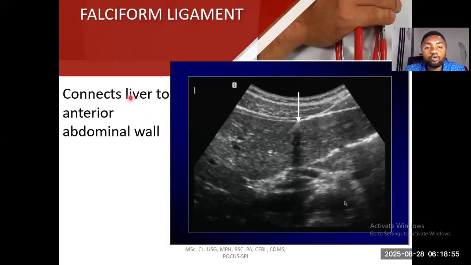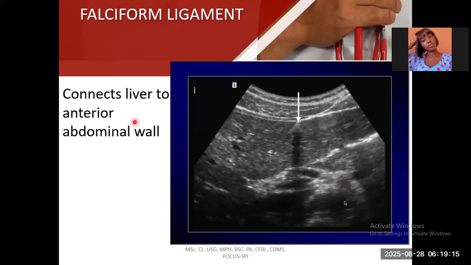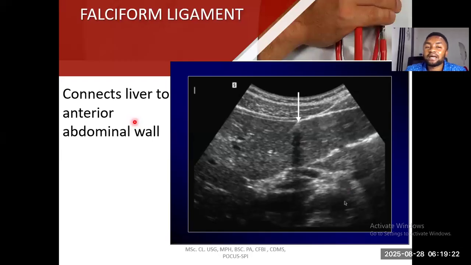Okay. So falciform ligament, I explained it last week. Falciform ligament is here. This structure here comes down. The main function of the falciform ligament is what? It's a ligament. It divides the right lobe and the left lobe, and it also serves as an attachment to the anterior abdominal wall, so that the liver will be firm.